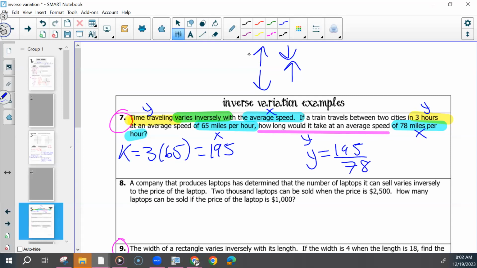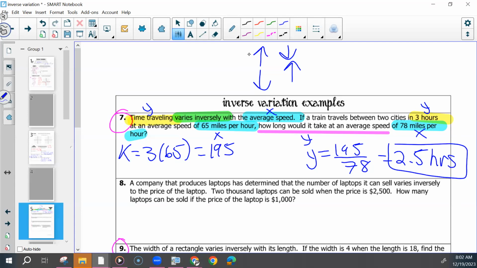I'm not putting labels with the k because it's not the same. It's not like constant like direct is. But then divide that, what do we get? 2.5 what? How long? Hours. To make sure you're keeping those consistent, whatever you labeled it has to have the same unit label.